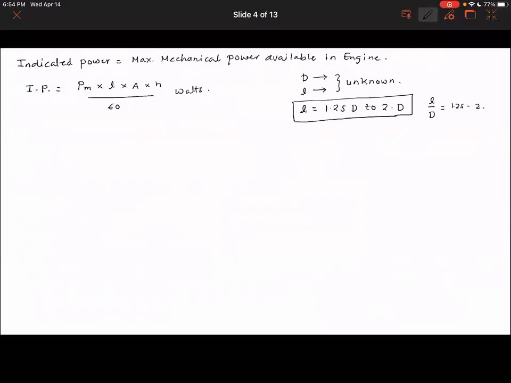Now, usually you have clearance on both sides of the cylinder.